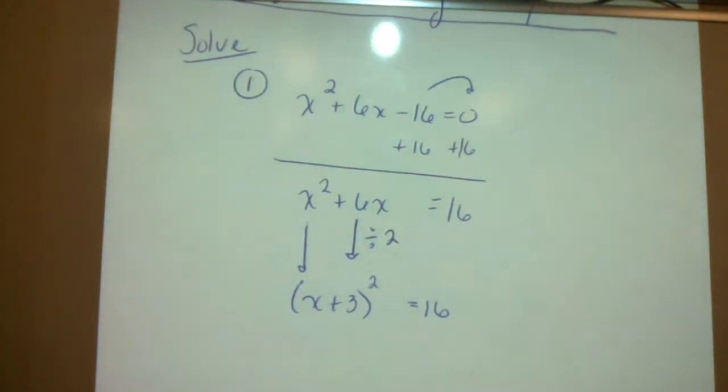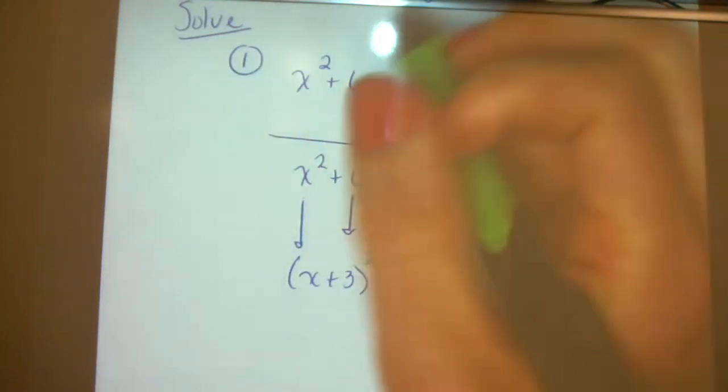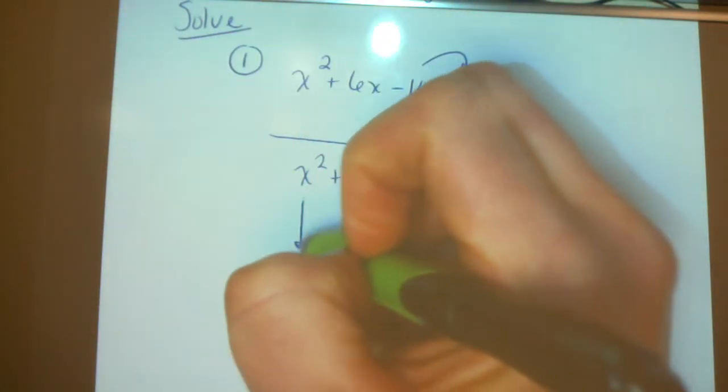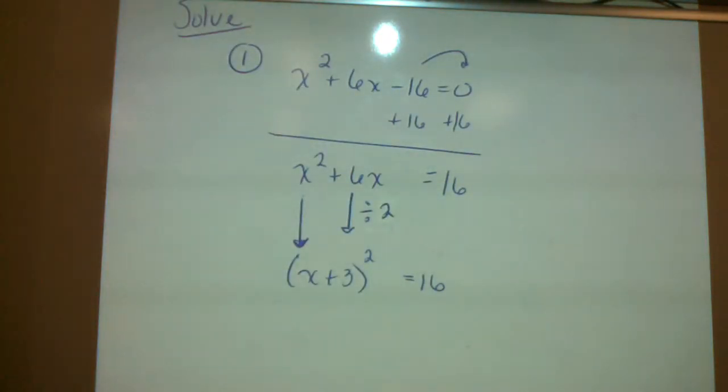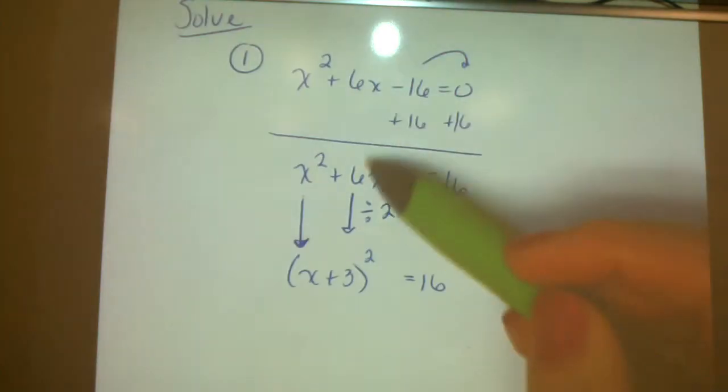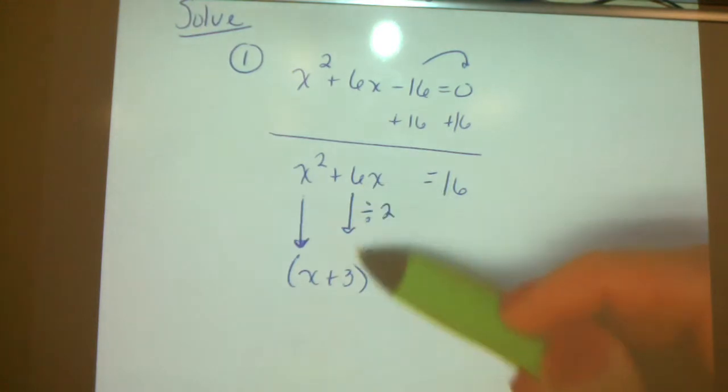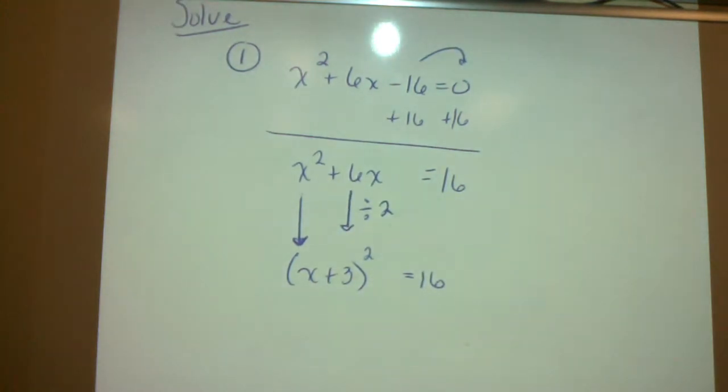I'm really abbreviating a lot of these steps just to kind of simplify what we're doing. So you take one of the x's. There's really 2 here. It's x squared. You're going to take one of them, bring it down. You're going to take half of that linear term, the coefficient of the linear term, and then that square is going to go on the outside.